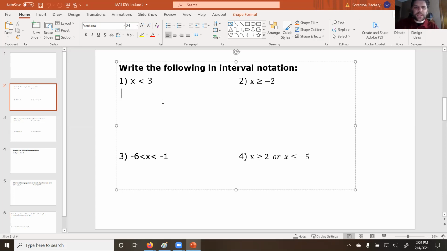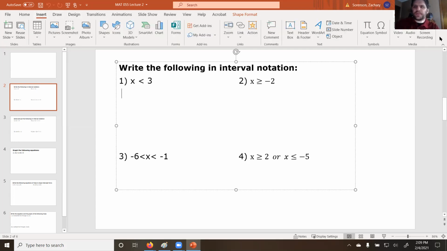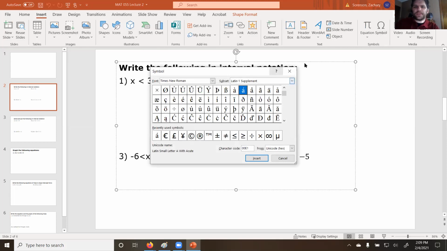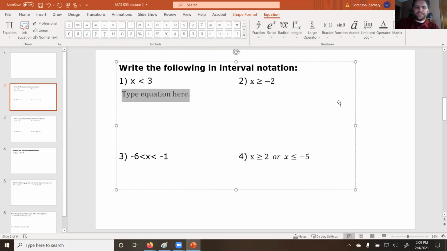So we start with a parenthesis. Then the smallest thing X can be, well, we can't actually get to negative infinity, but we can get pretty darn close. And then we go all the way up to the biggest value X can be, which is 3, and we put a parenthesis because X can't actually be equal to 3.